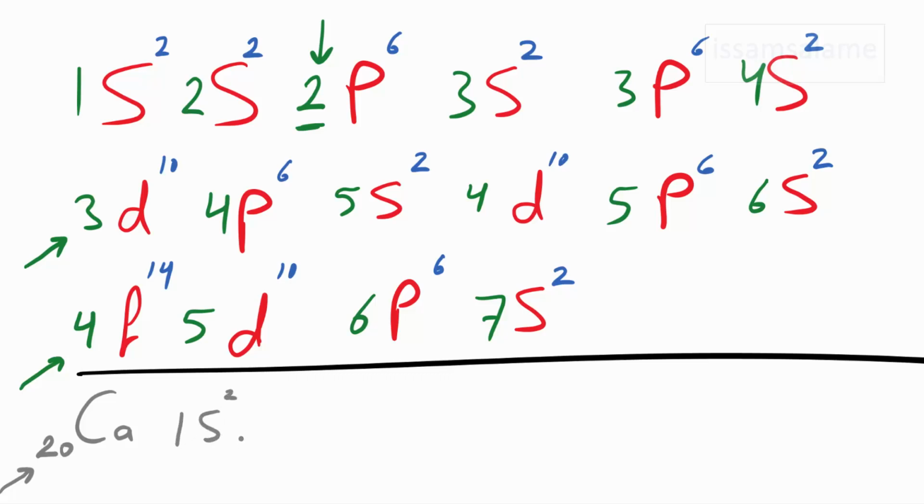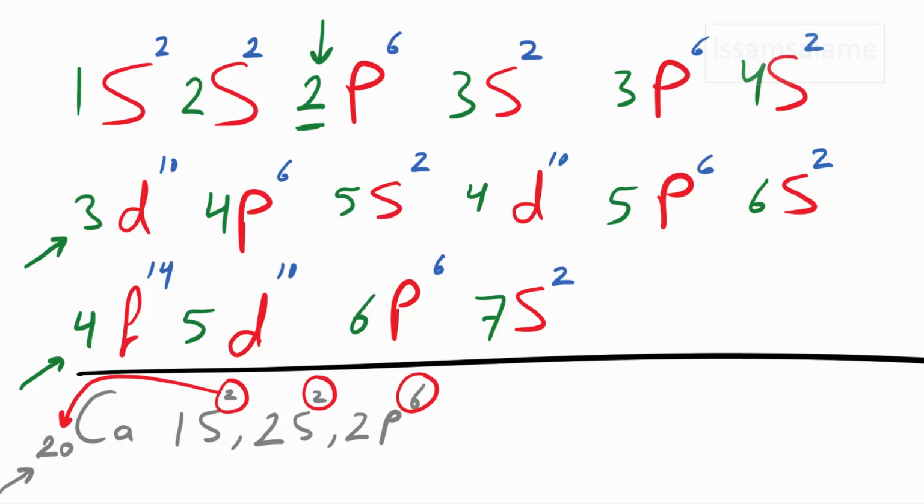Then the next one is 2s2. The third one is 2p6. As you noticed, I'm following the order of the sequence above, and at the same time I want to count the number of electrons in these subshells. Now we have 10.